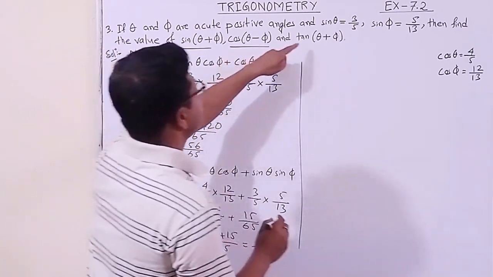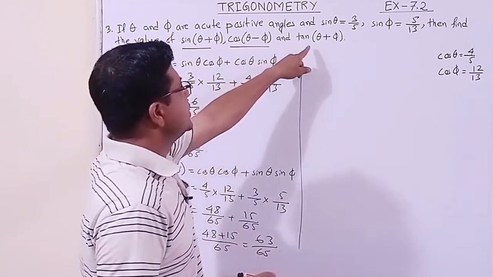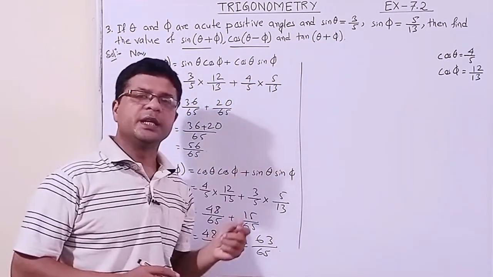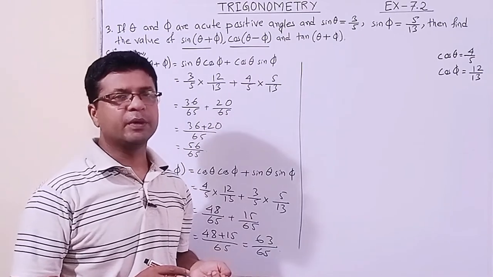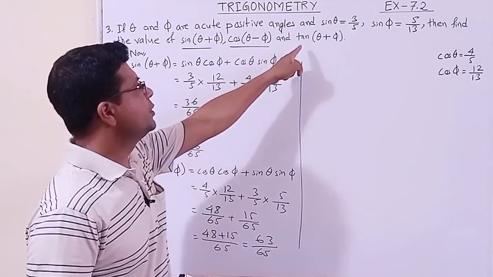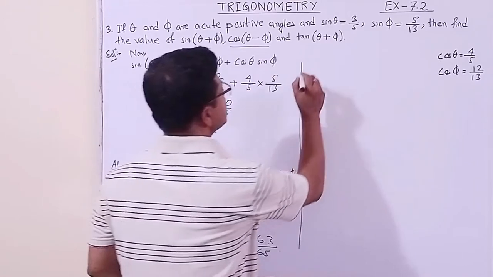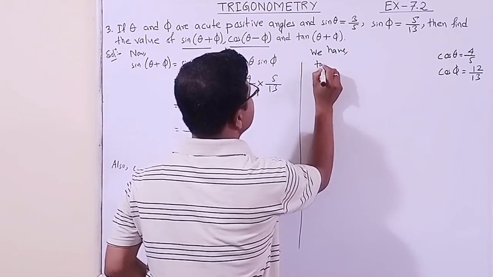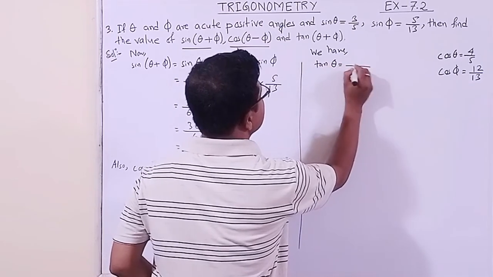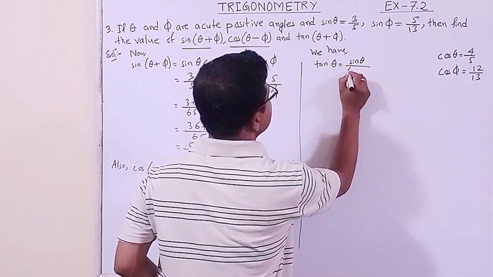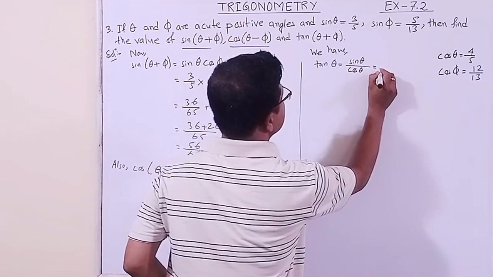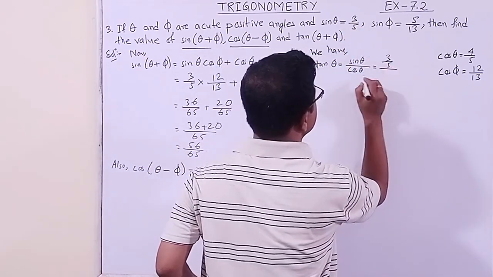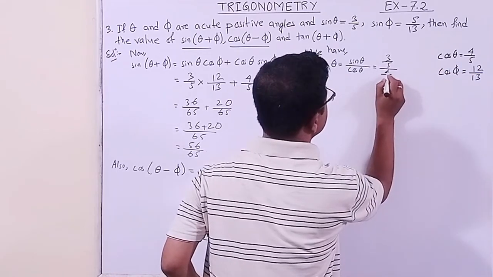Okay, now what is left? Only this is left, tan theta. In the formula we know that tan a plus b is tan a plus tan b divided by 1 minus tan a tan b. That means we have to know the value of tan theta and tan phi. So what is tan theta? Tan theta means sin theta by cos theta. Sin theta is 3 by 5 and cos theta is 4 by 5.